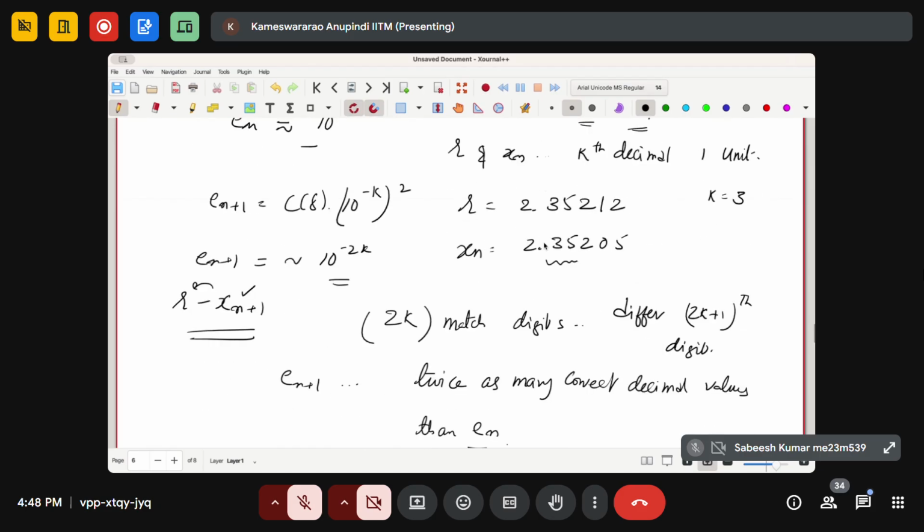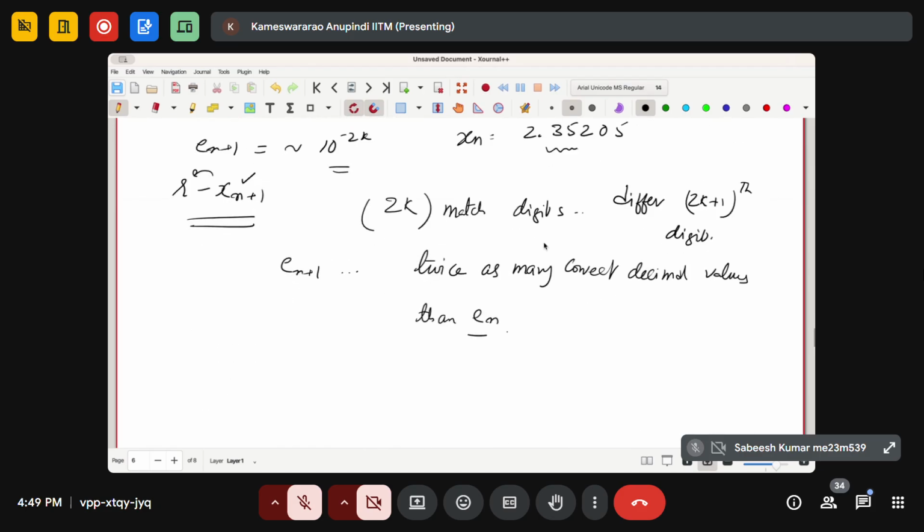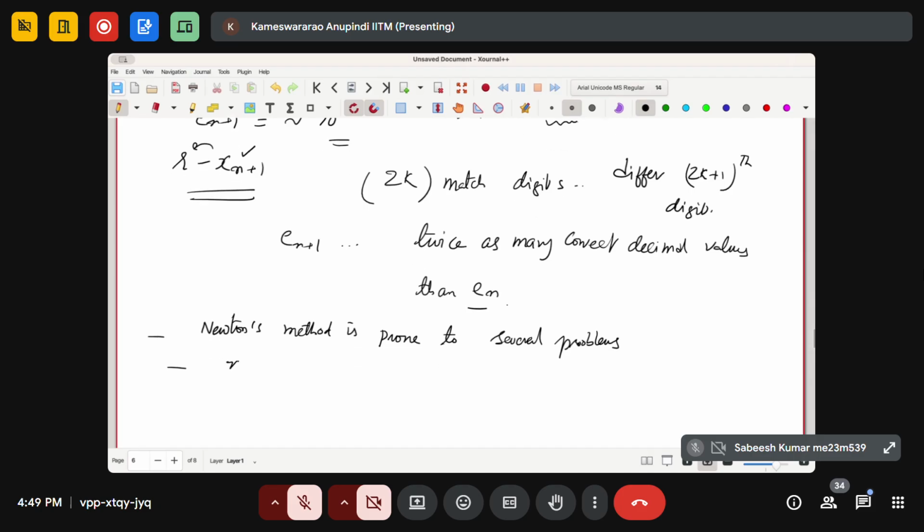However, Newton's method is also prone to several issues. Newton's method is prone to several problems, and its convergence is not guaranteed. So it is not guaranteed to converge.